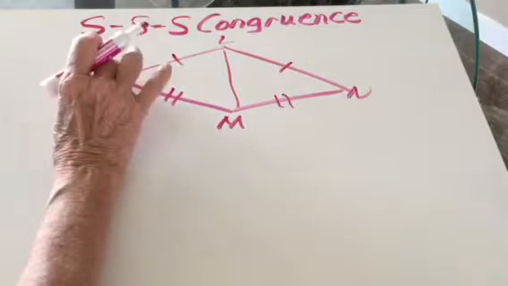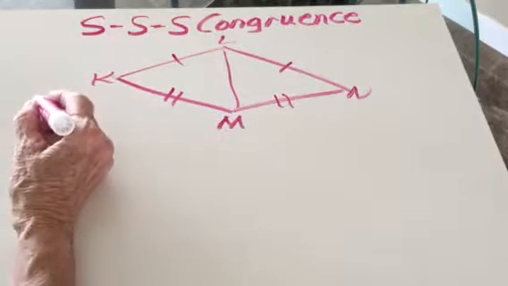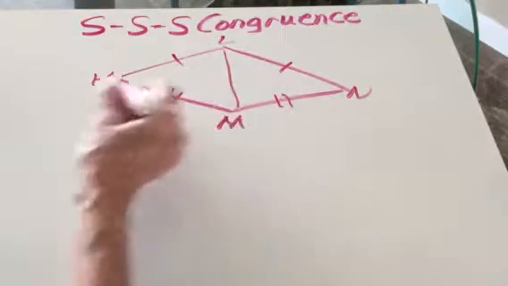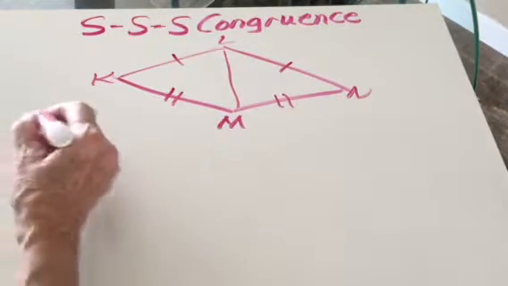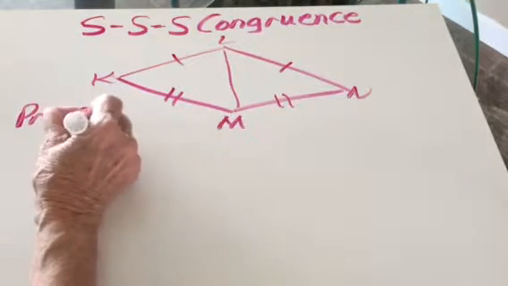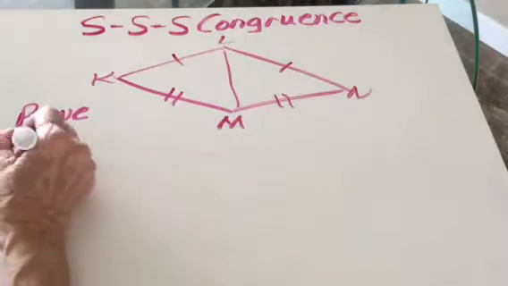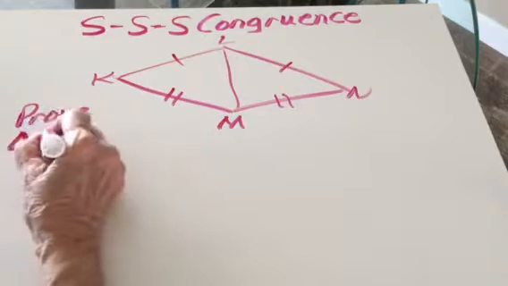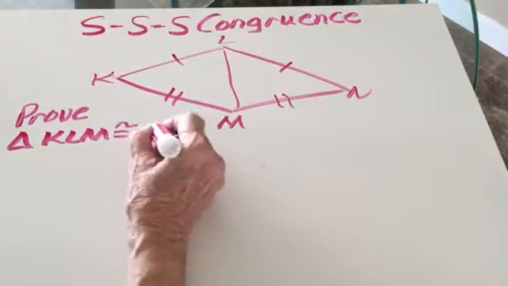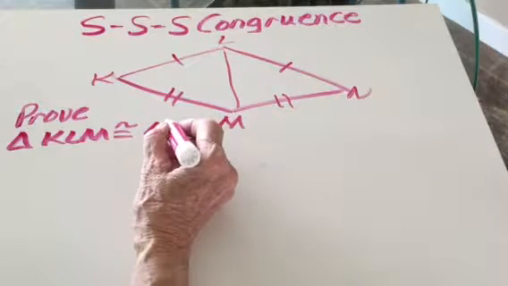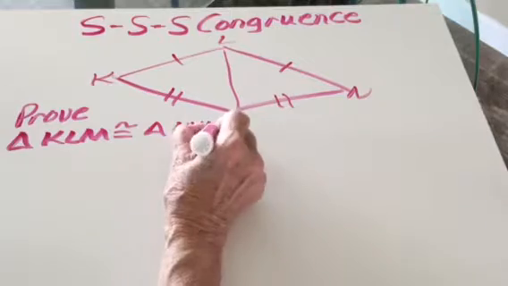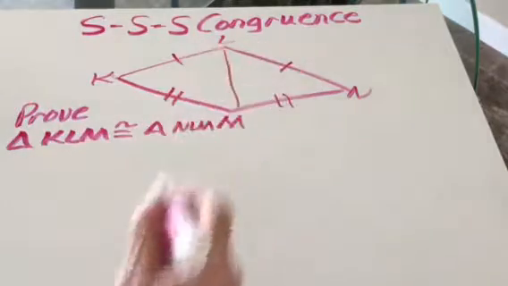All right, now they want us to prove that triangle KLM is congruent to triangle NLM. They just want to know if those 2 triangles are the same.